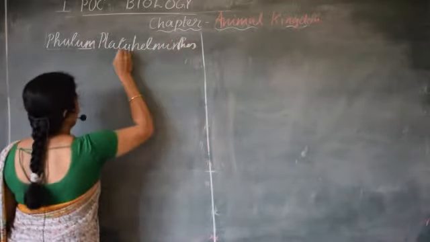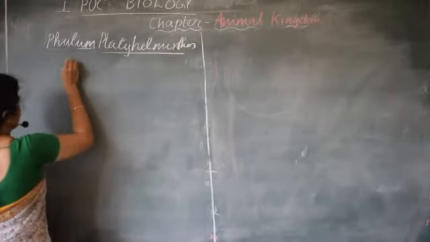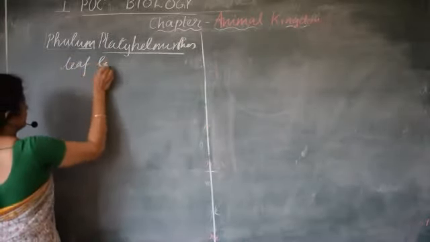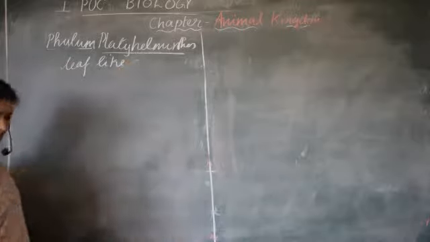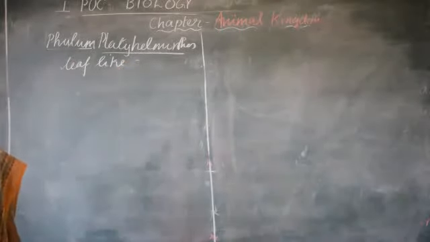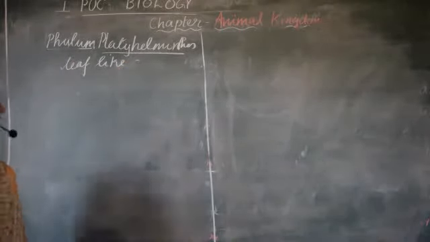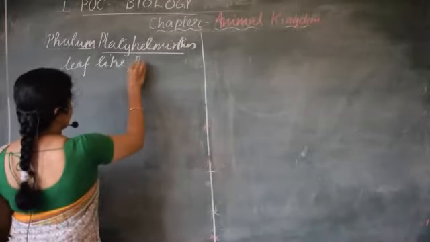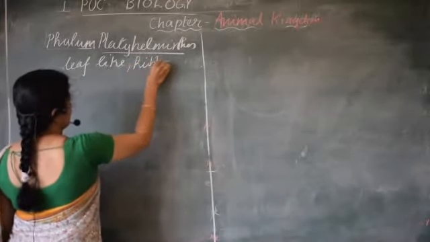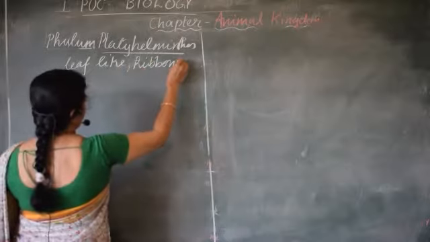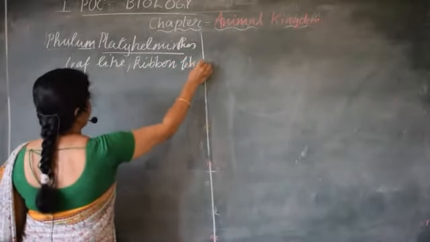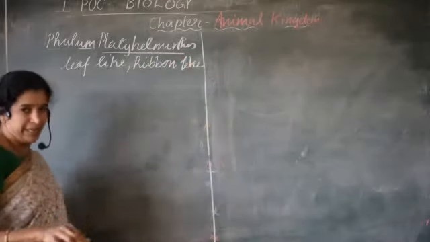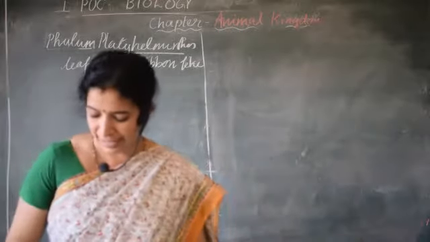It is leaf-like, or it's like a leaf. Then also it is ribbon-like. Leaf-like is in the case of the liver fluke specimen I showed you. Ribbon-like in the case of tapeworm. But both are parasites. They are completely parasitic.